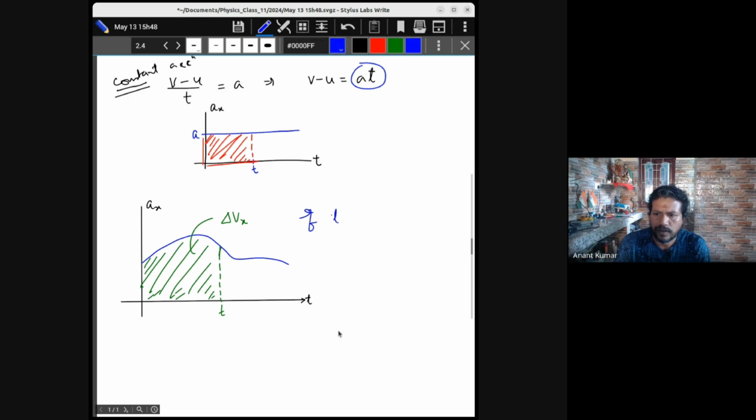So if I take the initial velocity as v naught, for instance, then I end up getting the velocity at some later time t by adding this v naught and the change like this. Fine. That means basically in order to obtain the instantaneous velocity actually, you not only need the acceleration time graph but also the initial velocity.